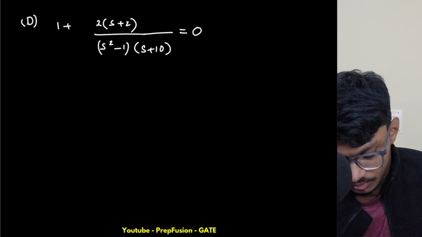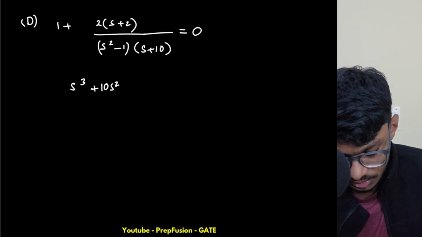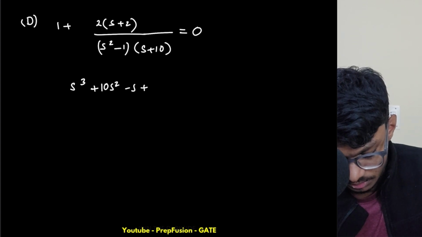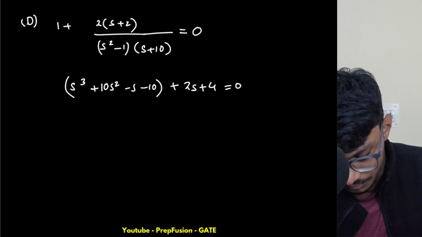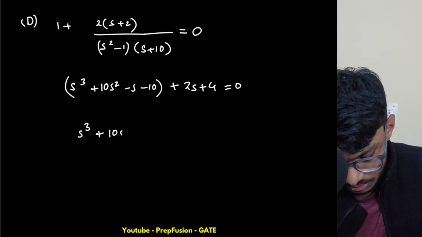Okay, so this one will become s cube plus 10 s square minus s minus 10 plus 2s plus 4 equals to 0. So this one will become s cube plus 10s square plus s minus 6.